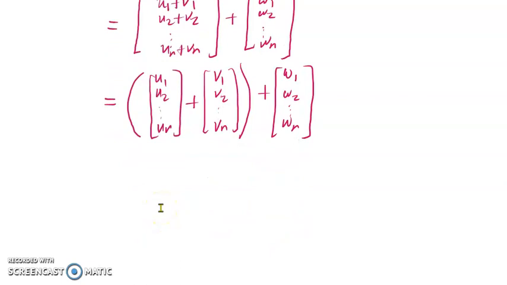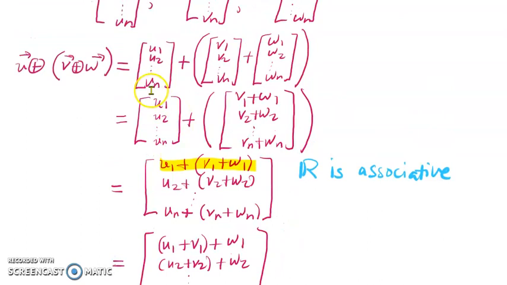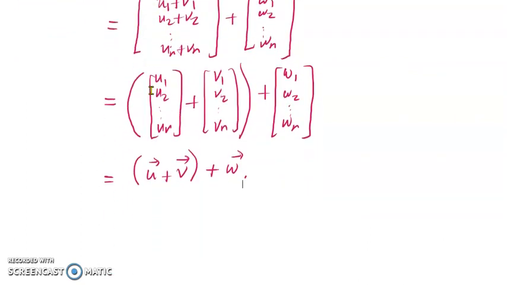And we know now this is the vector u plus the vector v, plus the vector w, and I think we have shown already. Again our notation for vector addition is this one.